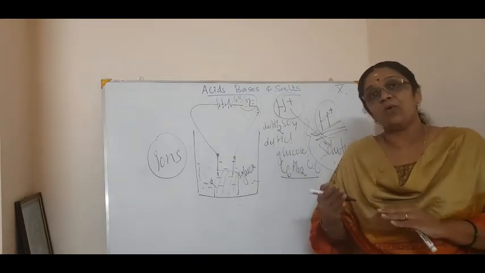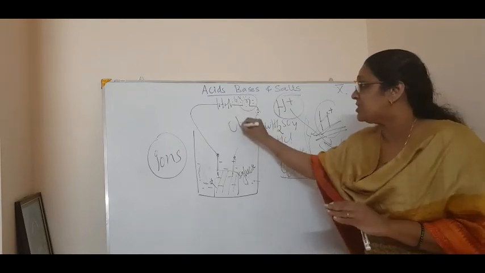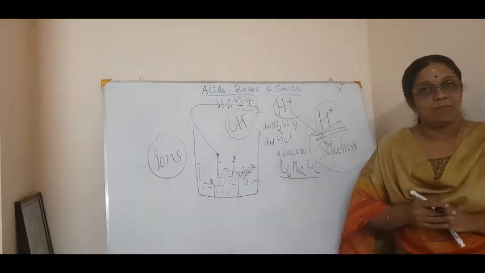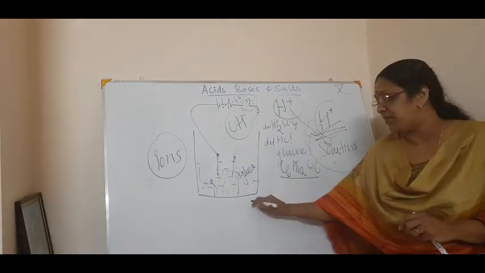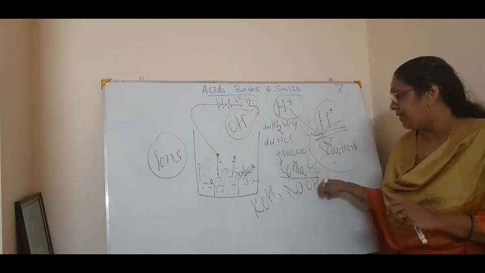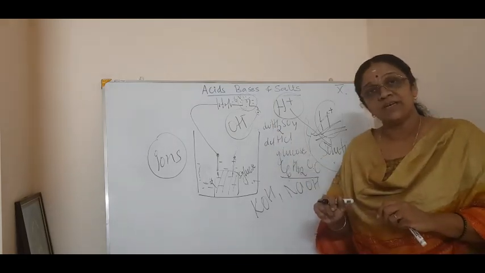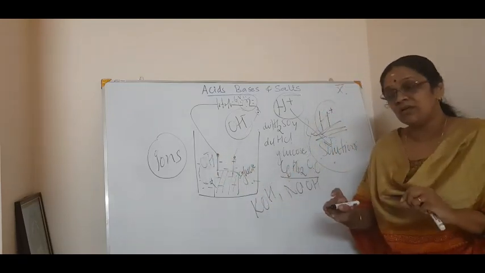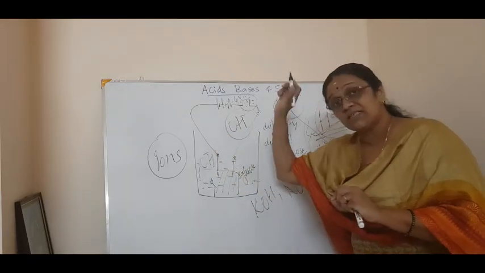In the same way, a base is one which furnishes OH minus ions in solution. So if you do the experiment with KOH or NaOH, what will happen? The bulb will glow, isn't it? Which means that the OH minus ion is furnished in solution. So OH minus ions are the carriers of current.